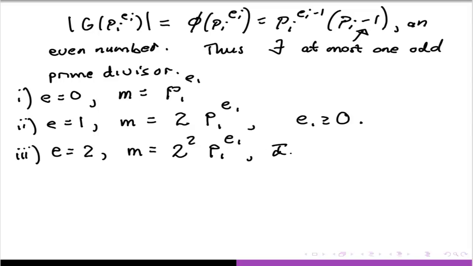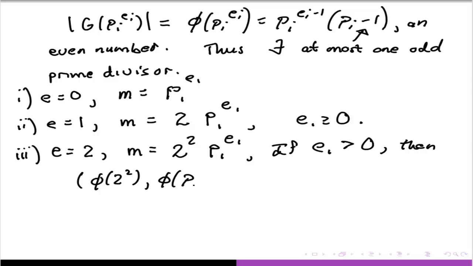Well, if e1 was strictly positive, then what is the GCD of, not 2 squared, but phi of 2 squared, and phi of p1 to the e1. So we're looking at the groups of units of these two components. Well, phi of 2 squared is 2. And this is an even number. So this does not equal 1.